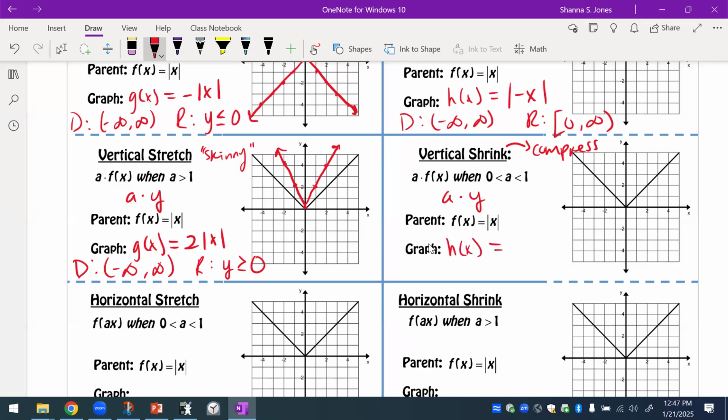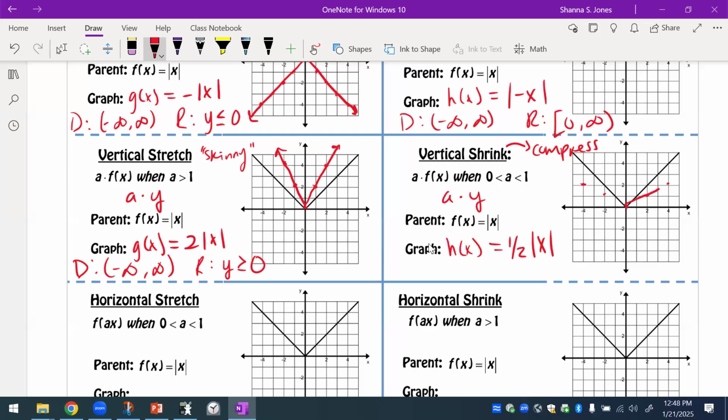So we have h of x equals 1/2 absolute value of x. So that means I'm taking each one of these points and cutting them in half. Okay. The other thing is, remember, this is the slope of your right side. So if I'm here, I'm now going to go up 1 and over 2, up 1 and over 2. Then I reflect it, up 1 and left 2, up 1 and left 2.